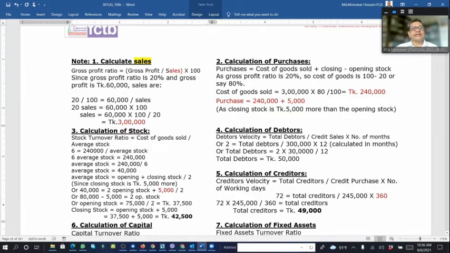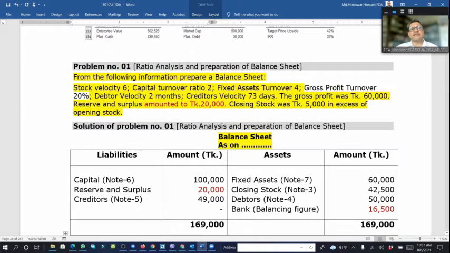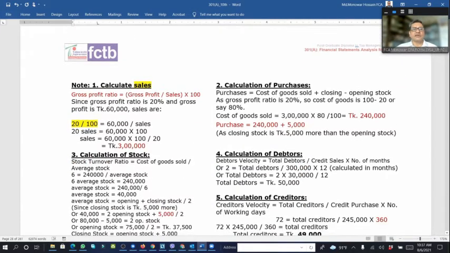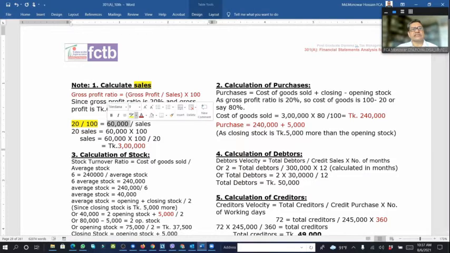Within that formula, the gross profit ratio is 20%, and the gross profit as per the question is 60,000, divided by sale.